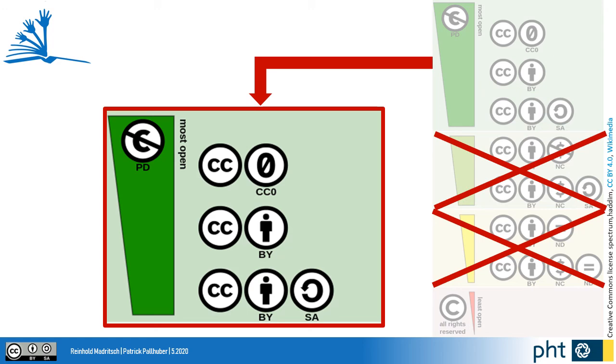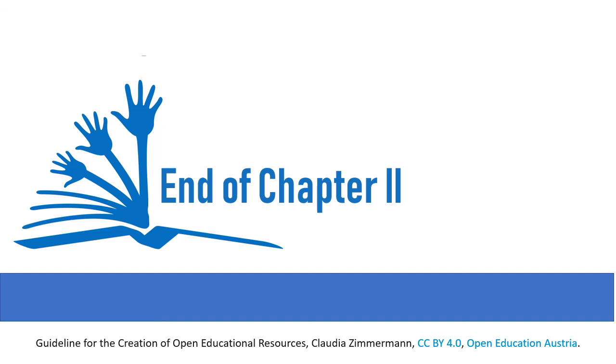Consequently, you should stick to the dark green area of the license spectrum when creating truly open educational resources, as there are CC0, CC BY and CC BY SA. As you can see, the choice of the right license model is more than important when developing proper OER material.